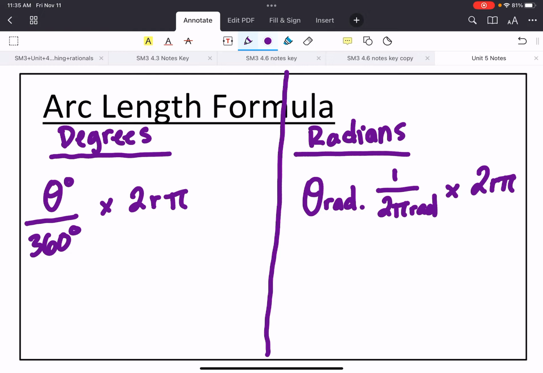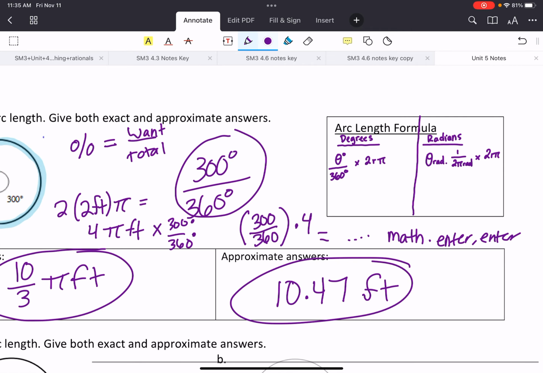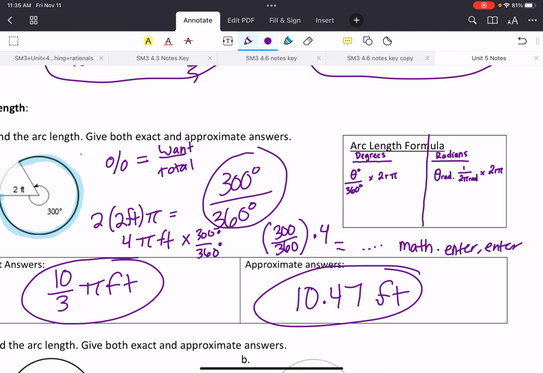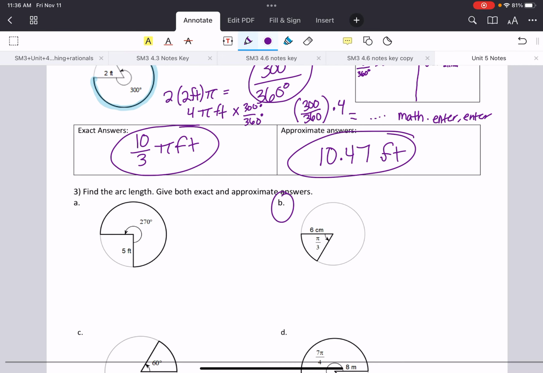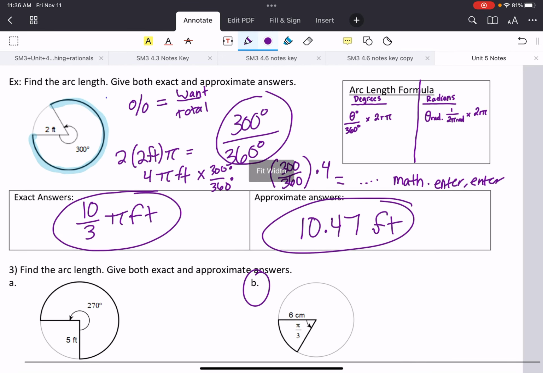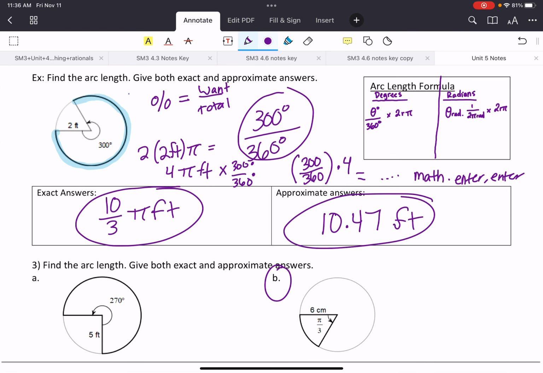Okay, let's do one of these together. We already did this one using degrees. We already found the arc length using degrees, so we're going to use B to find the arc length using radians. We are given pi thirds as our unit of measure for the angle.